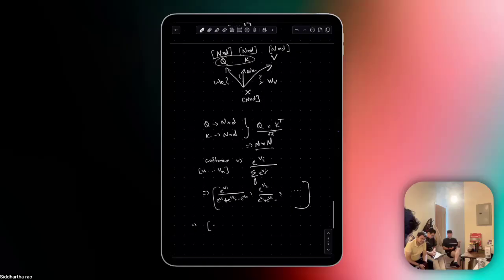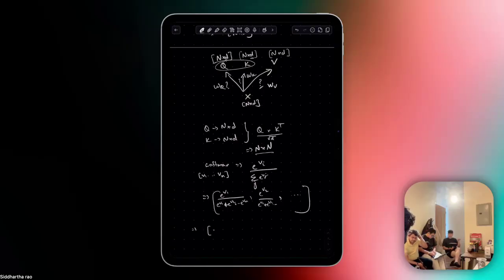In practice, softmax is used everywhere. So it's also maybe something that contributes to divine benevolence. It just sort of works.